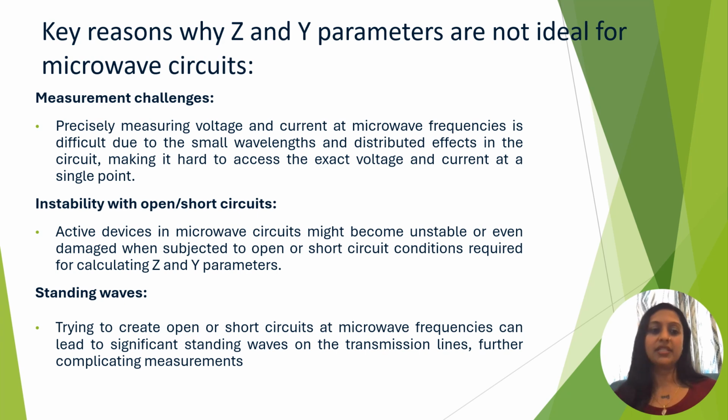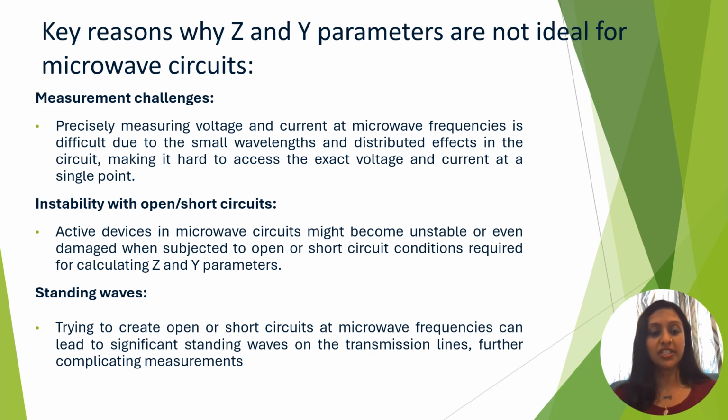Measurement gets challenging here. Precisely measuring voltage and current at these high frequencies gets very difficult because of the very small wavelength at high frequency. And distributed effects in the circuit make it very difficult to measure the voltage and current at every given point.